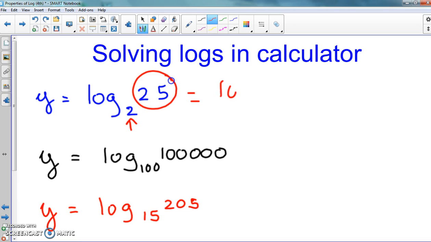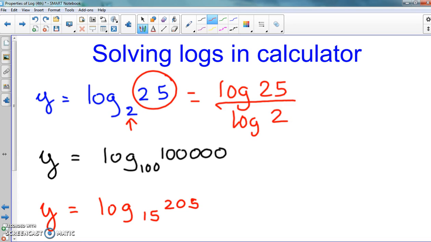So we're talking about log of 25 divided by log 2. So log 25 divided by log 2. We put that into our calculator. And again, to get the fraction bar, we do alpha, y equals, so the green button, and y equals.